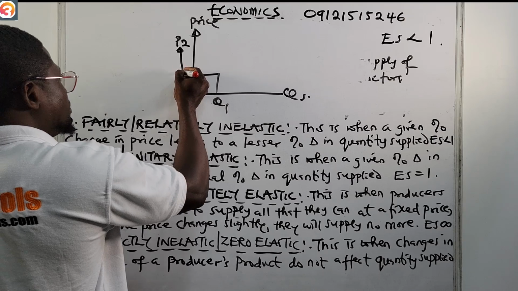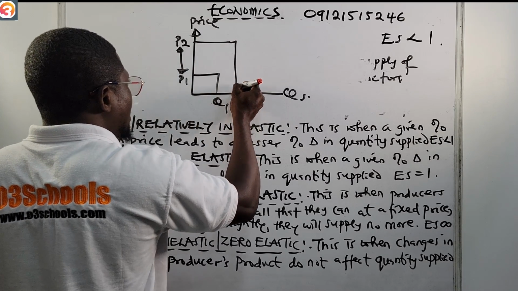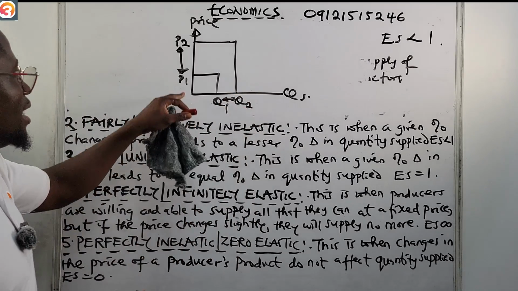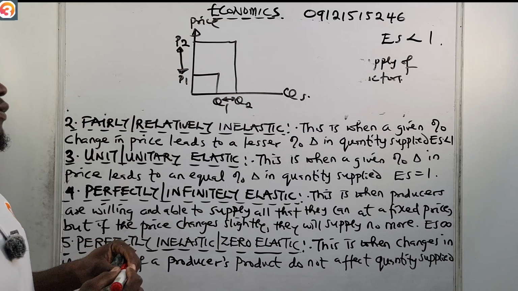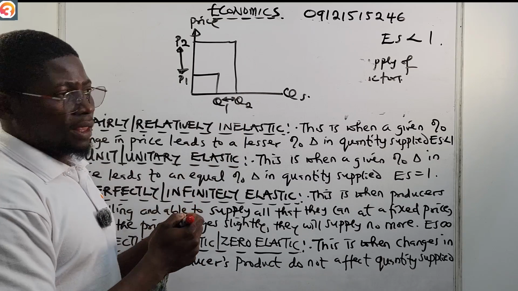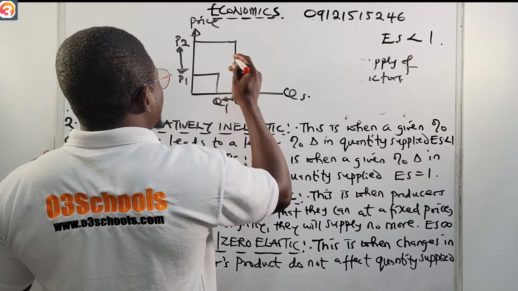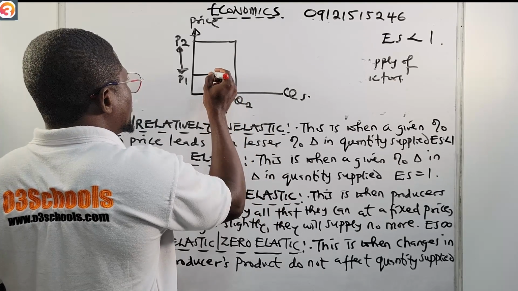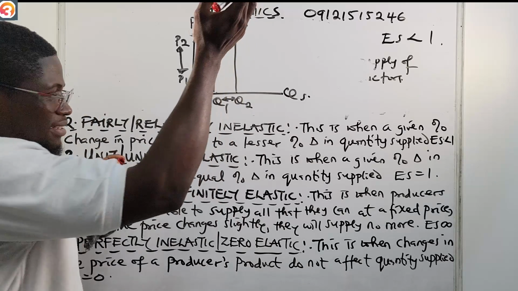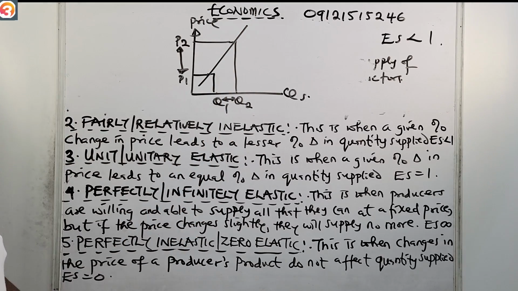When price was P2, the quantity supplied was Q2. You can see the change is smaller than that of the change in price. This one is the change in quantity supplied, and this one is the change in price. So let me draw this backward a bit so that I can join this line together. The graph is a little bit steeper than the initial one we looked at.